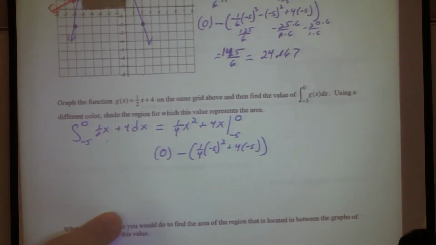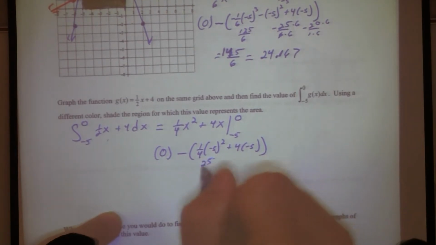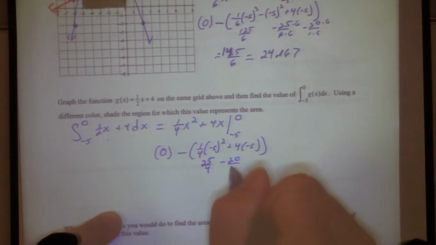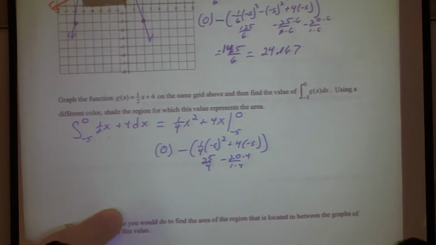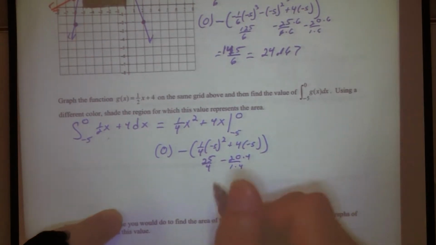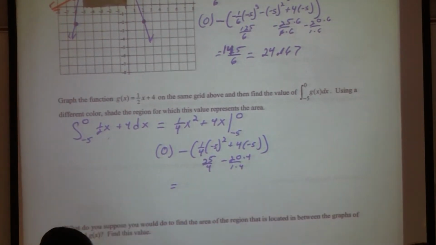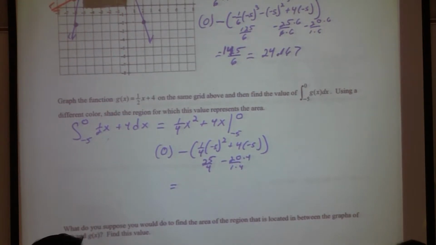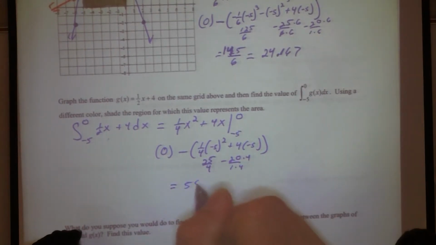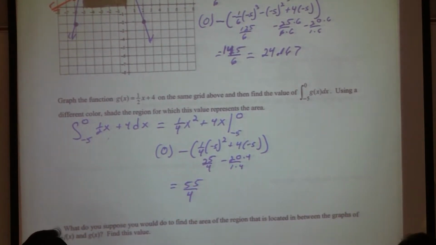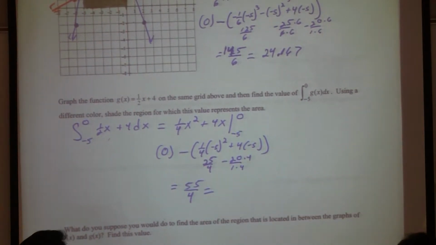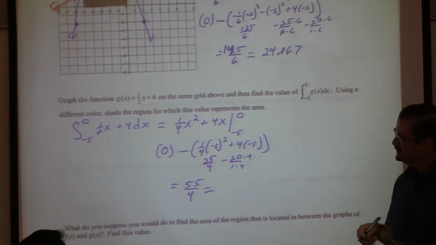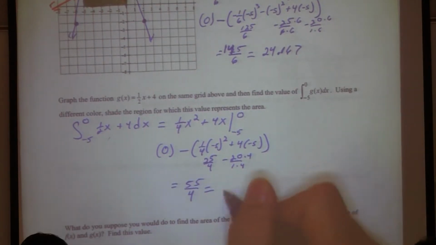So that gives us 25 over 4 minus 20 over 1, so times 4, that's 80. 25 take away 80 is negative 55 over 4, but times the negative, it becomes positive 55 over 4. Type that in your calculator to see what that is. 13.75, awesome.